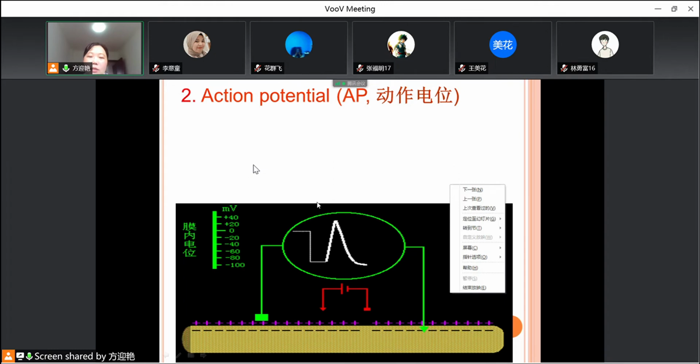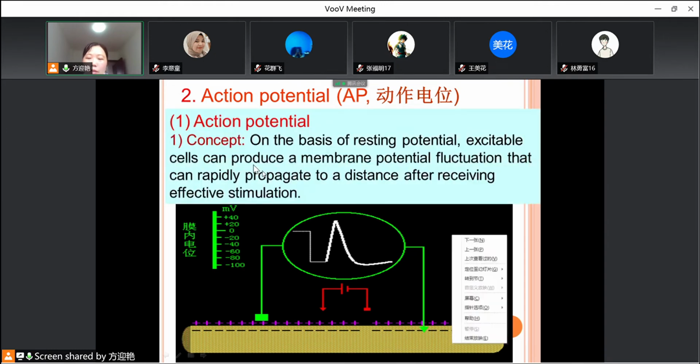It means that on the basis of the resting potential, we give an effective stimulation, higher than or equal to the threshold stimulation, to excitable cells, such as nerve cells, muscle cells and gland cells. We know that excitable cells include three kinds of cells.